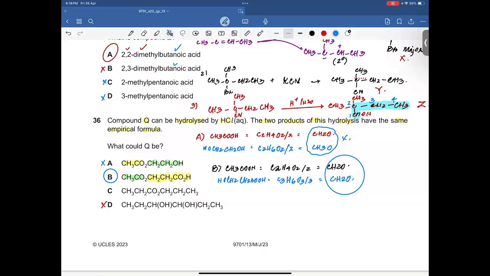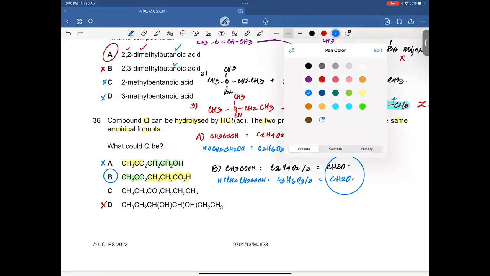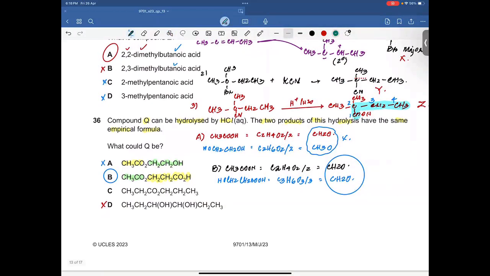Let me solve option C. This is going to be the acid part, so propanoic acid would be the product after hydrolysis. And this is going to be the alcohol part, which is propanol, CH3, CH2, CH2OH.